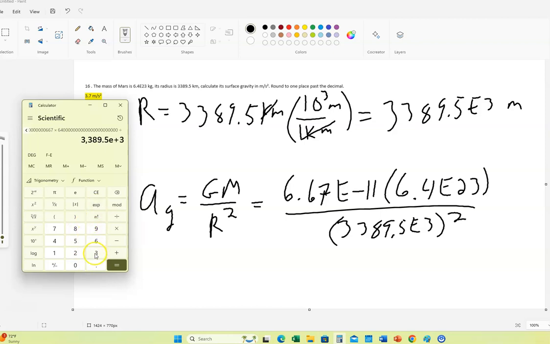It means the same thing. But remember, we've got to square that. All right, so squared, and then hit equals. There it is.